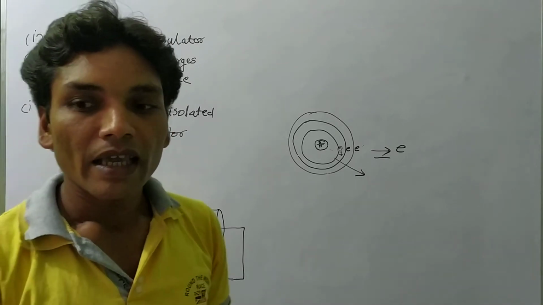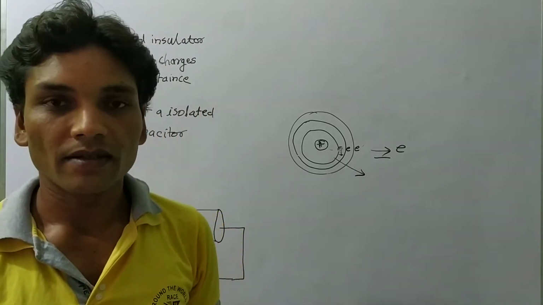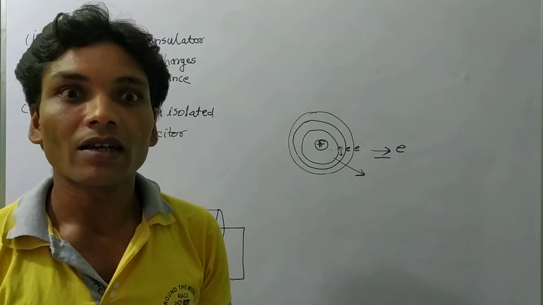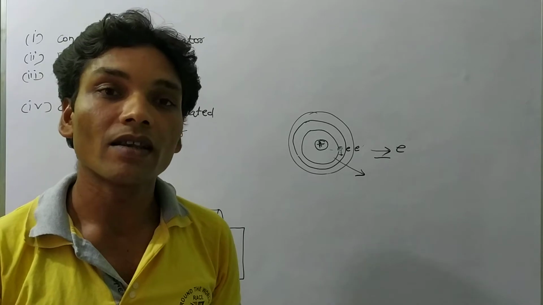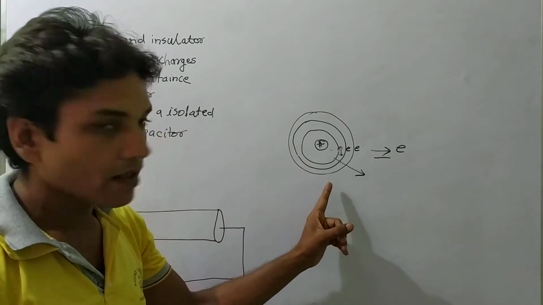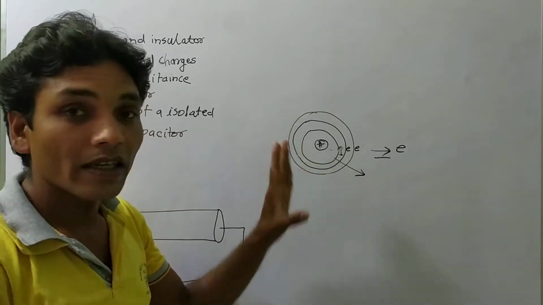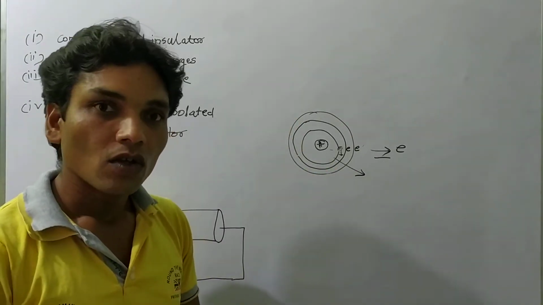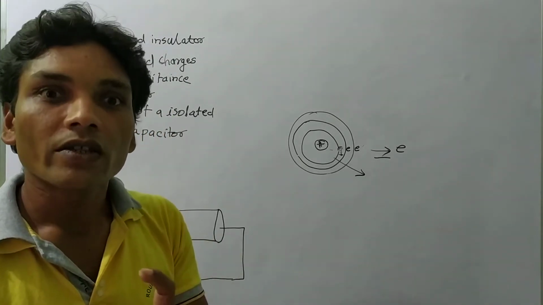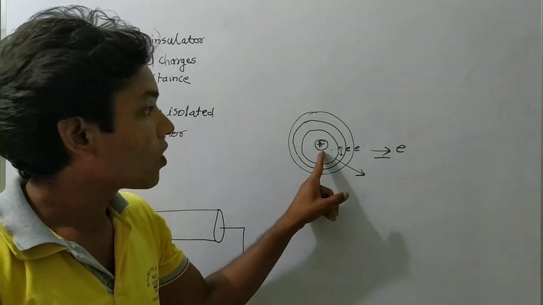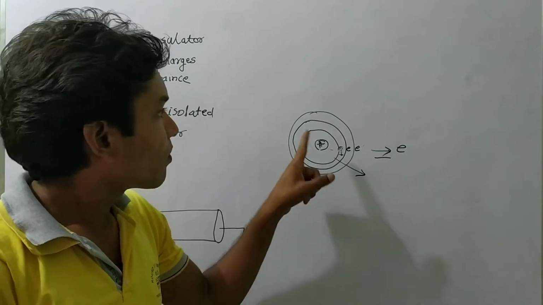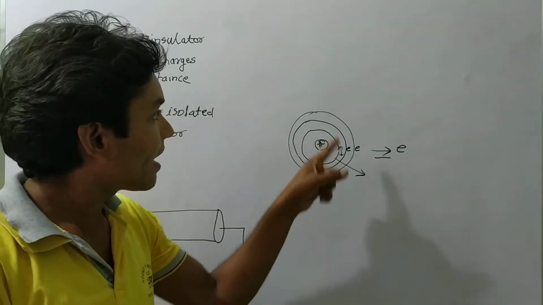In the universe, all substances are made of atoms; the smallest constituent particle is the atom. You can see this diagram. An atom is spherical. In the center of the atom, positive charge is centralized. That is called the nucleus. Around the nucleus, smaller concentric circles are there.